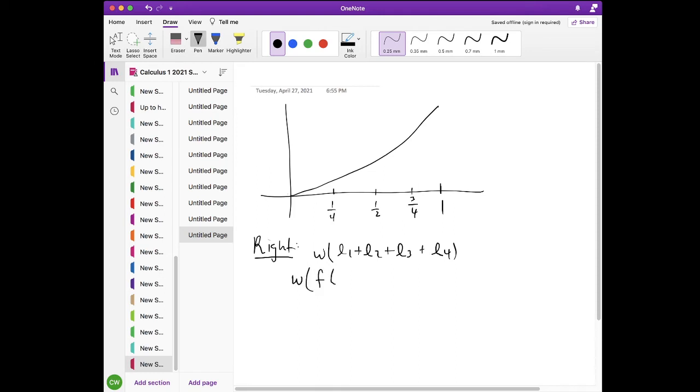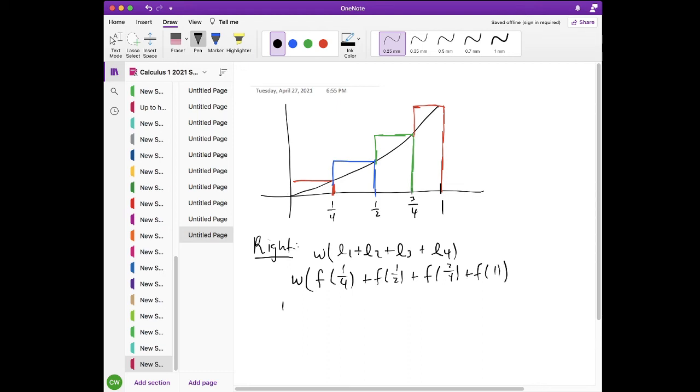F of 1/4. So you go to the right of the first interval, and then f of 1/2, and f of 3/4, and then f of 1. F of 1/4 plus f of 1/2 plus f of 3/4 plus f of 1.